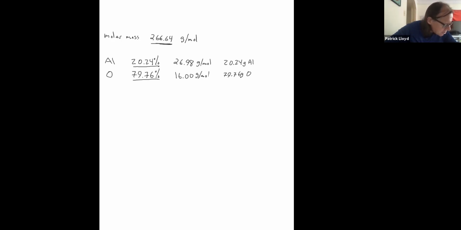So we've got 20.24 grams of aluminum. The molar mass of aluminum is 26.98 grams. Right? Divide by molar mass to get moles, and multiply by molar mass to get grams. That's the general pattern. 20.24 over 26.98, and you get 0.7502 moles of aluminum.